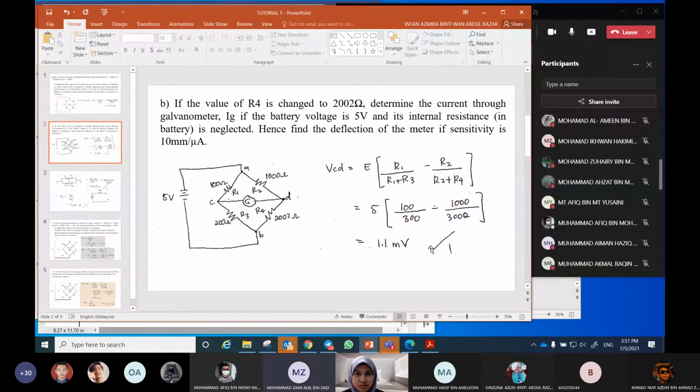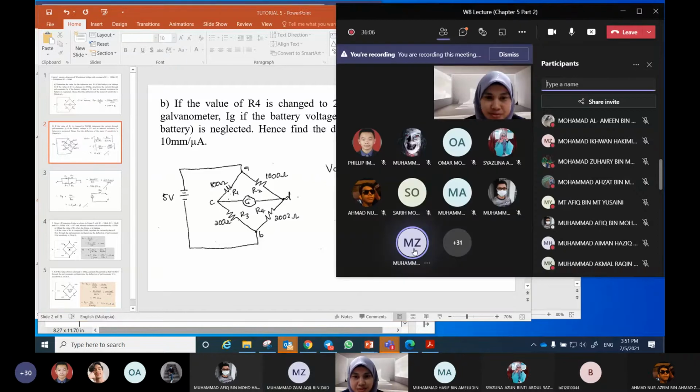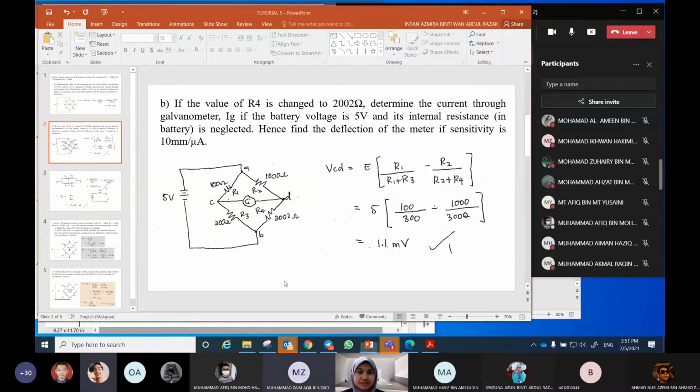Because it says internal resistance is neglected. Clever. Who is that? Zaim Akil, Doctor. But isn't that about the battery? And its internal resistance is neglected. The battery, right? Yes, for the battery. So what is the value for RM here?